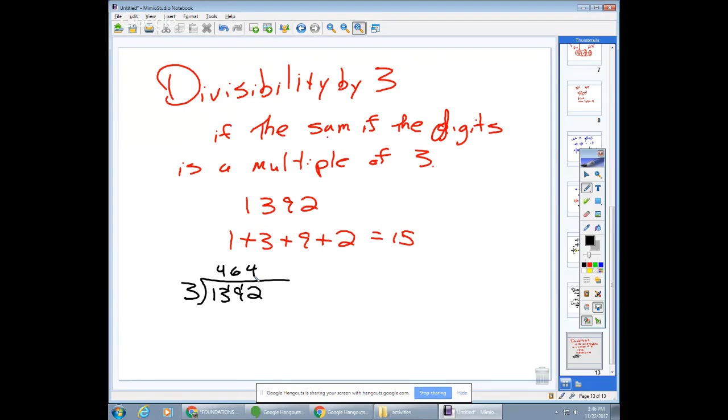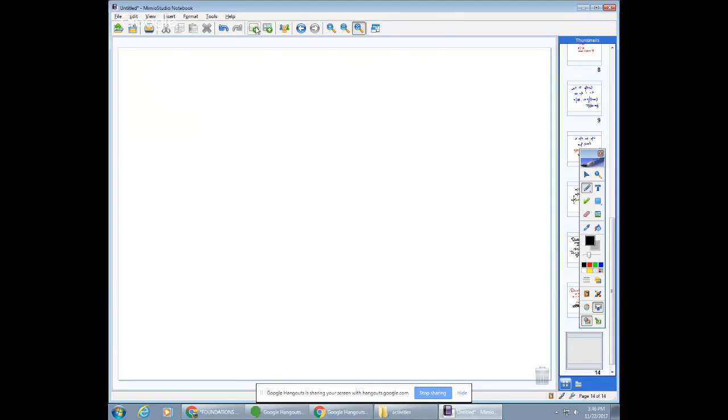Okay. Do you want to know why it works? Yes? Okay. So let's just do a check on 3-digit numbers. So if I have a 3-digit number called ABC, that means I have A hundreds, and I have B tens, and I have C ones.